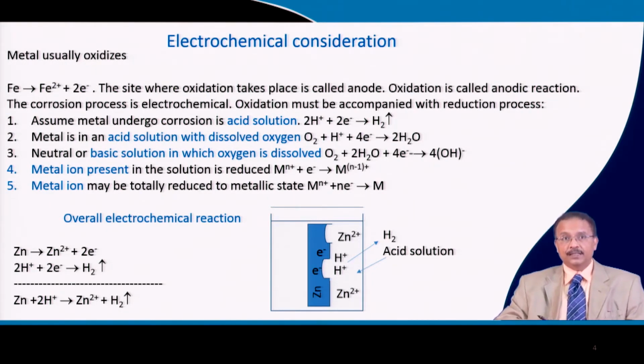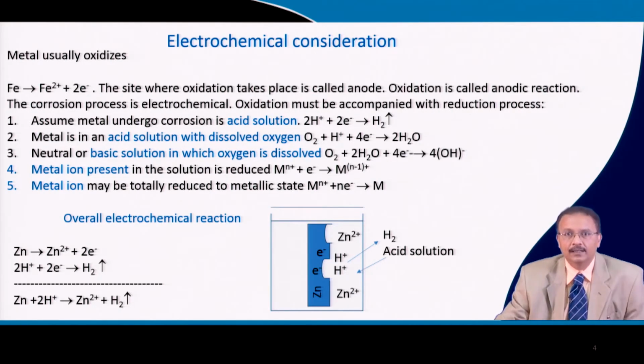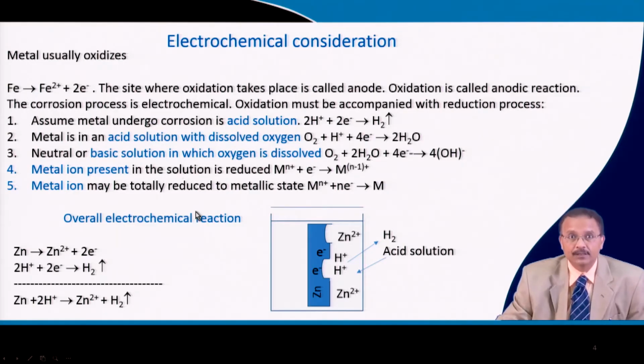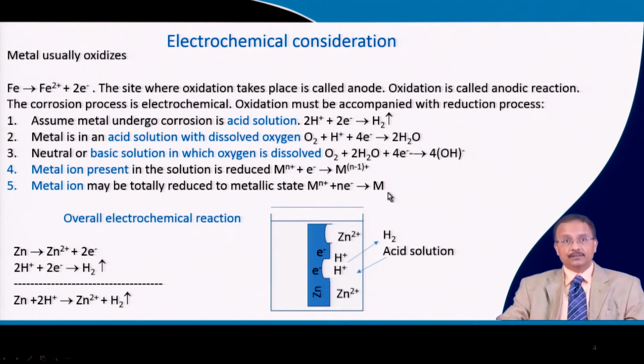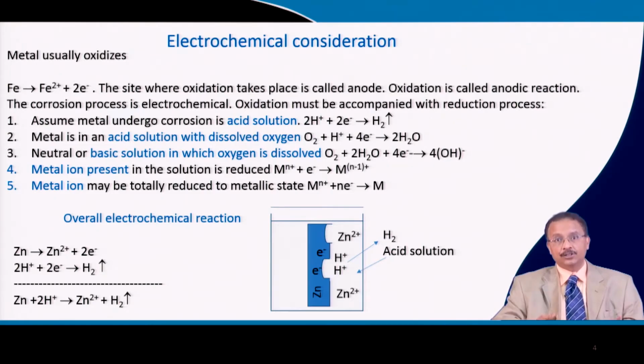If you assume that the metal undergoes corrosion in an acid solution, then the acid solution will have H+ ions that will take up the electrons coming out from the metal to form hydrogen gas. If the metal is in an acid solution which has dissolved oxygen in it, then oxygen, H+ ion and the electrons form water molecules. The third case could be a neutral or basic solution where oxygen is dissolved.